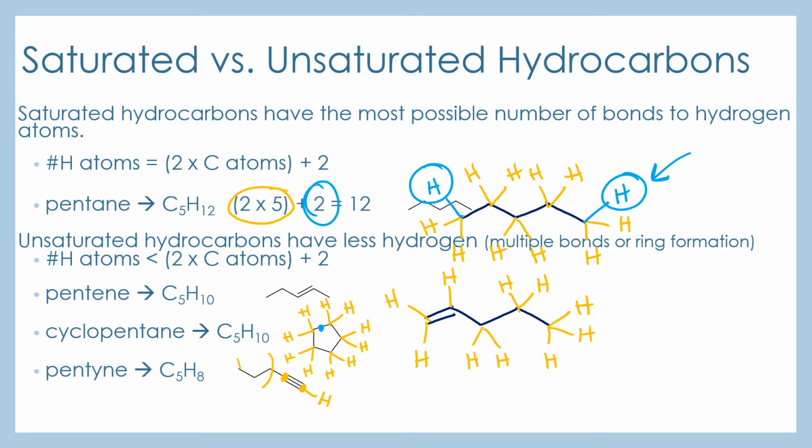So we have 3 here, 2 here, 2 here, and that gives us 7 plus 1 on the end is 8. And then you can also have something like cyclopentene, which has a double bond within the ring, and that's going to take away another degree of unsaturation.